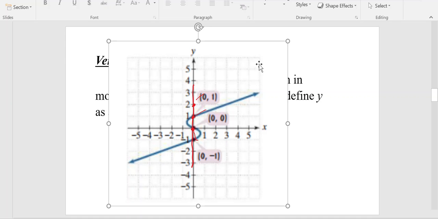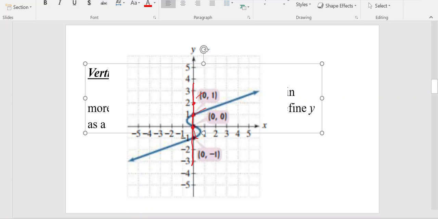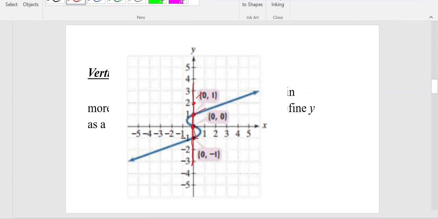Do you guys remember what we said earlier, where if we are given, for example, a set, and that set contains ordered pairs.